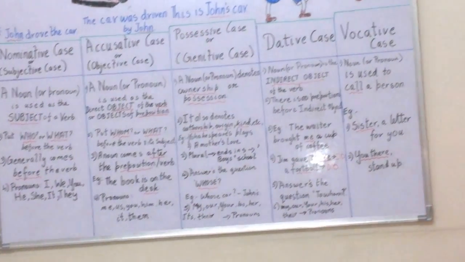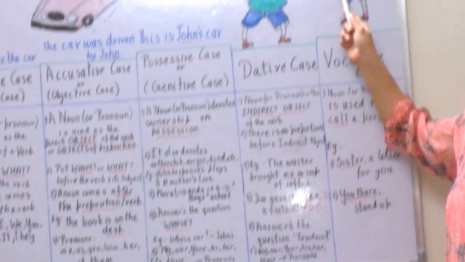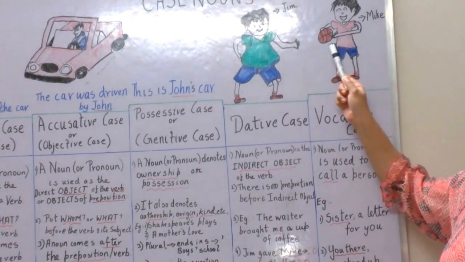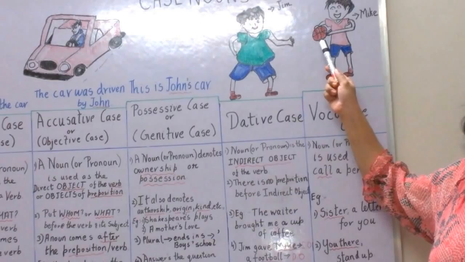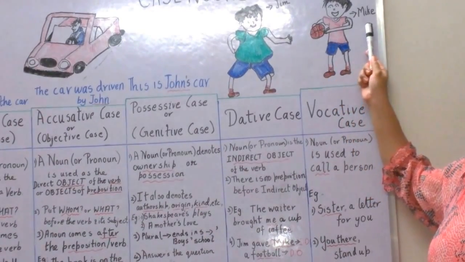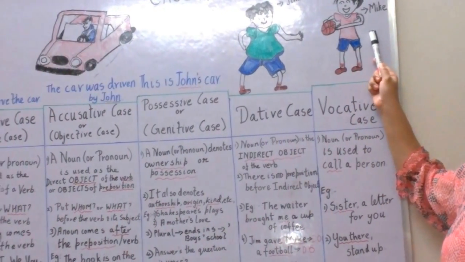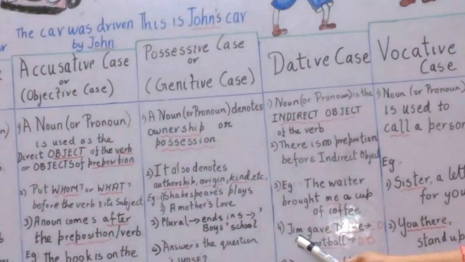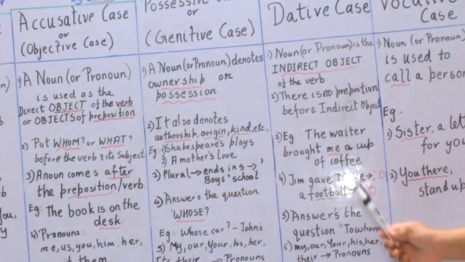We'll see another example. Jim gave Mike a football. So he directly gave him the ball. So the ball becomes the direct object, and Mike becomes the indirect object. I have written a sentence over here: Jim gave Mike a football.